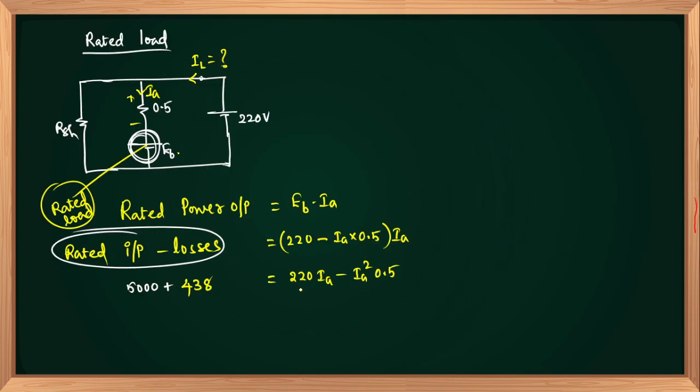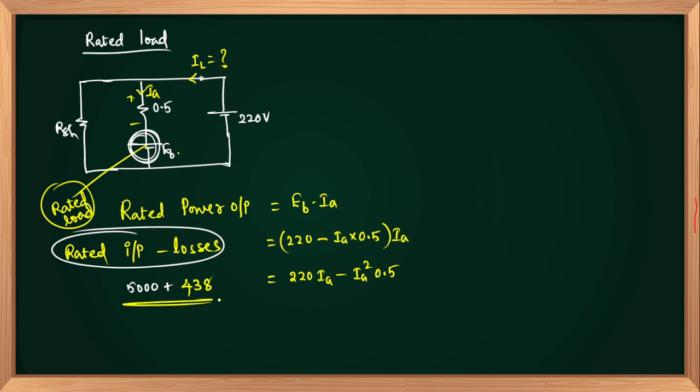So this is the total power developed. Total power developed is not just 5000; it is 5000 plus 438. Actually, we might think to take it as 5000 minus 438, but if you take 5000 minus 438, it does not match the answer at all.